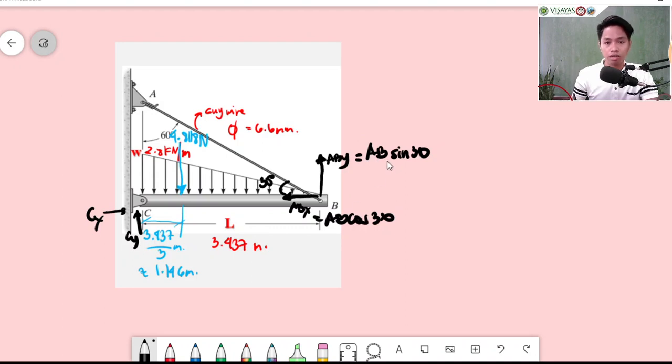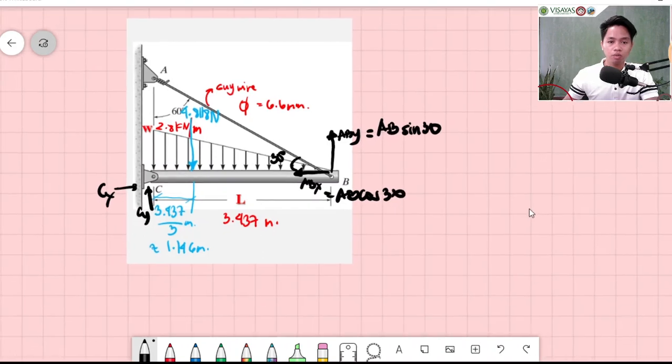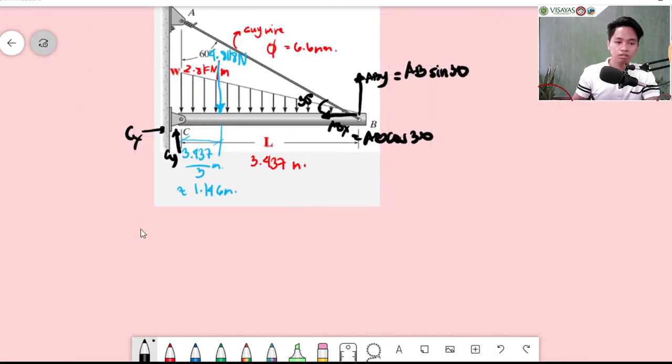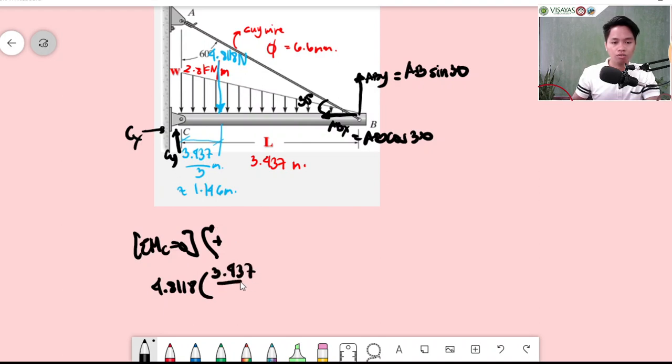To solve your AB sine 30, we can use moment at C. So, summation of moment at C is equal to 0. Your clockwise moments are positive. So we have 4.8118 multiplied by the distance, which is 3.437 over 3 for the whole value.